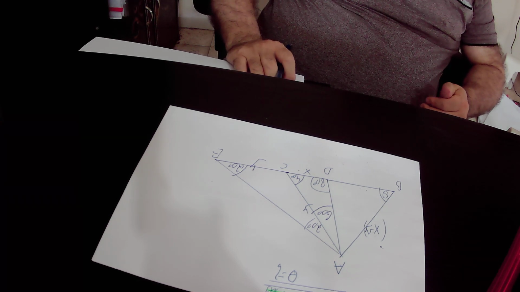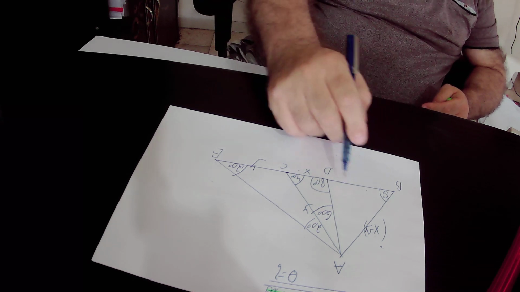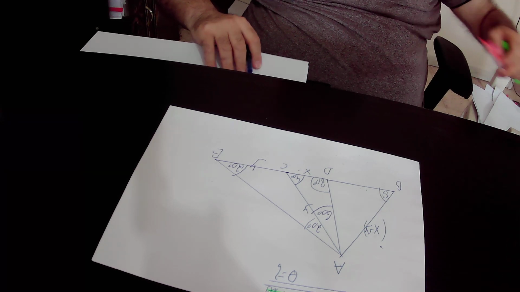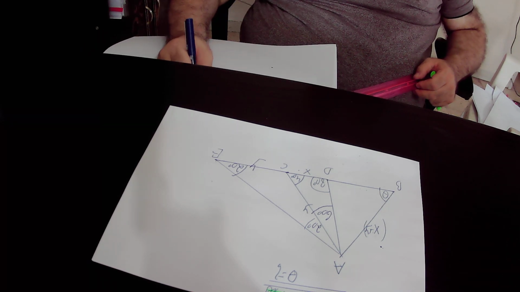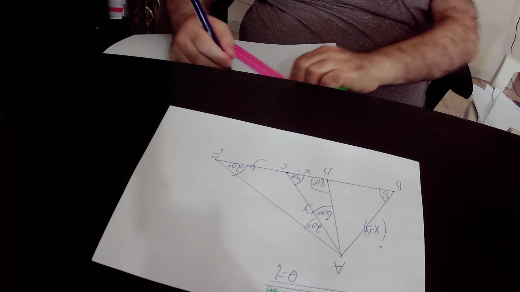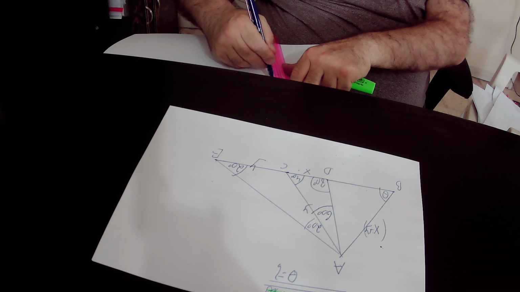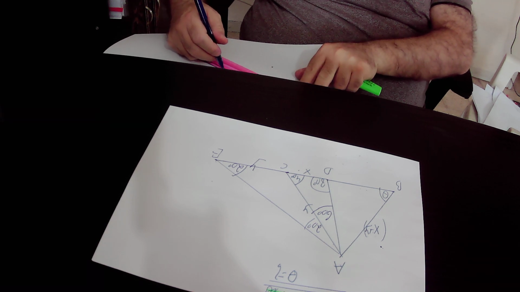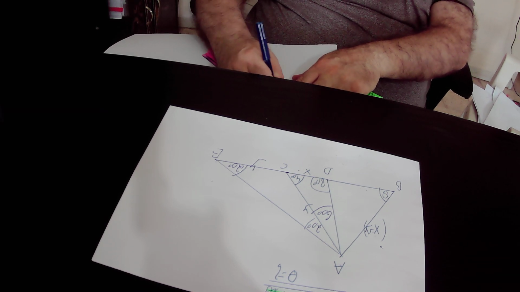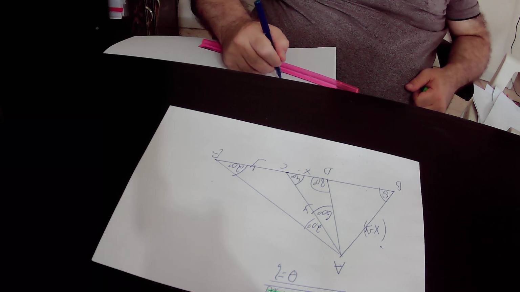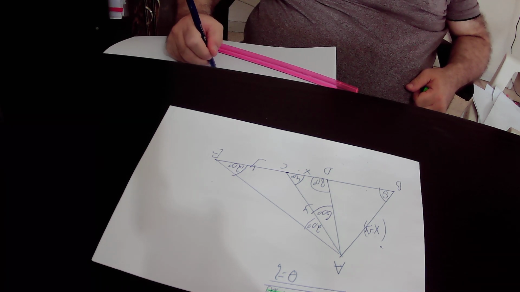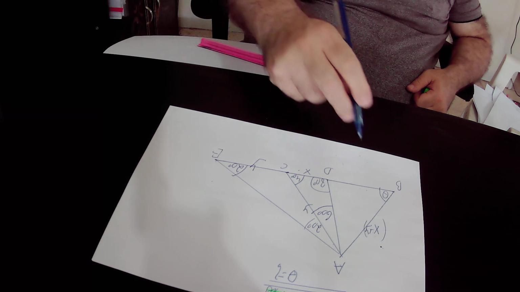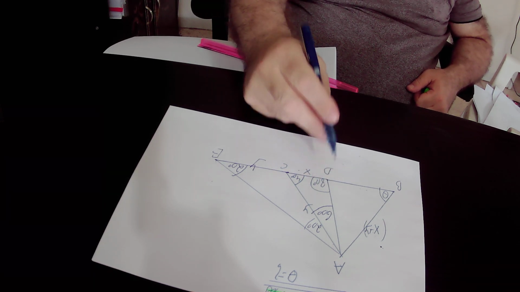So in the next step, I will copy triangle ADE in a new page and we will analyze triangle ADE. Angle DAE equals 60 degrees plus 20 degrees, it is 80 degrees.